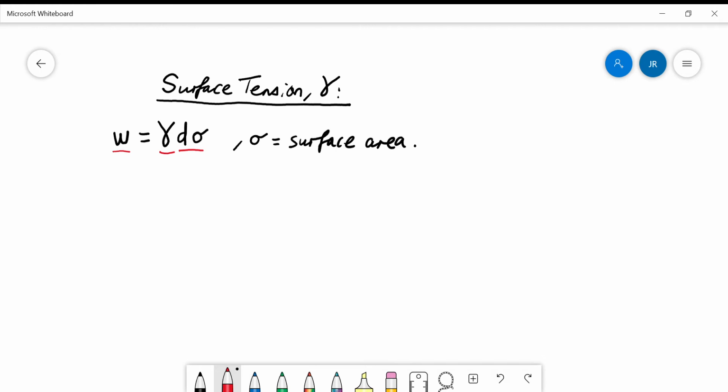Okay, let's go back to our black pen. So importantly, if we ignore the surface tension for a minute and we just focus on the surface area, we know that work has units of energy.